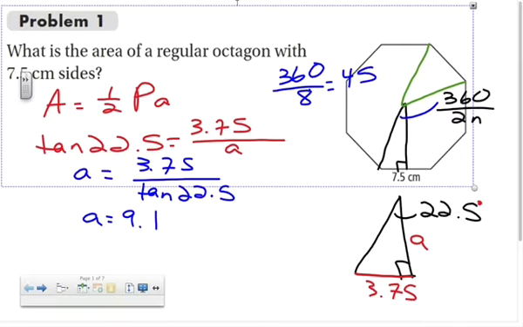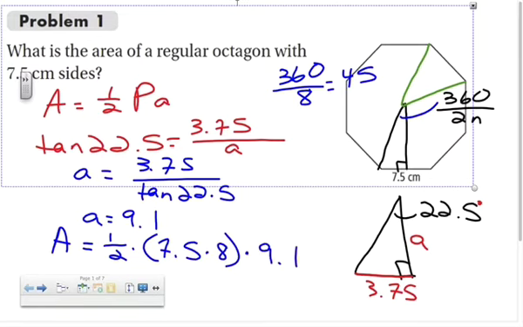All right, so far we've found the apothem. Now, remember what we're doing. We're using it to find the area, which is 1/2 times the perimeter, which we find by taking 7.5 times 8 times that apothem of 9.1. Okay, so I already have this approximately 9.1 in my calculator.